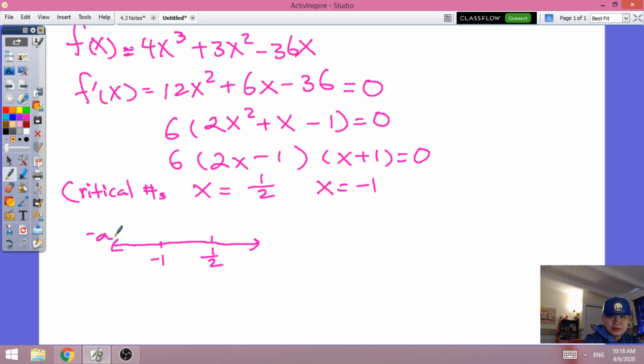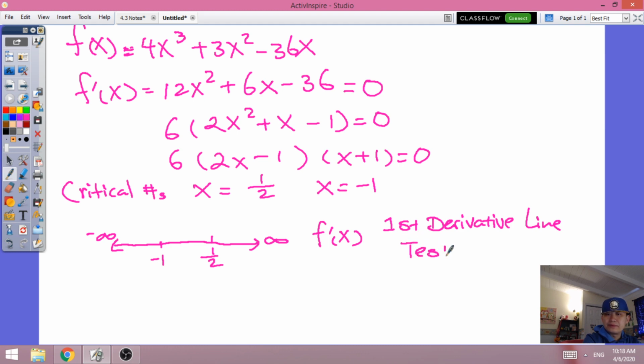This is called the first derivative line test for f prime of x. Basically we just need to plug in a number from each interval: -infinity to -1, -1 to 1/2, and 1/2 to infinity.